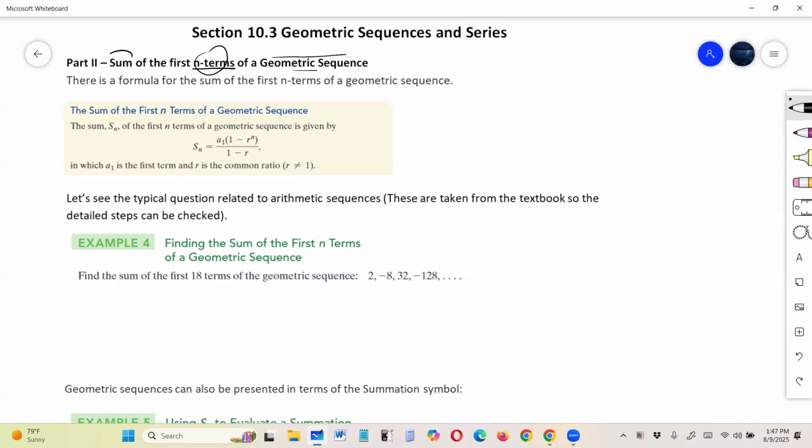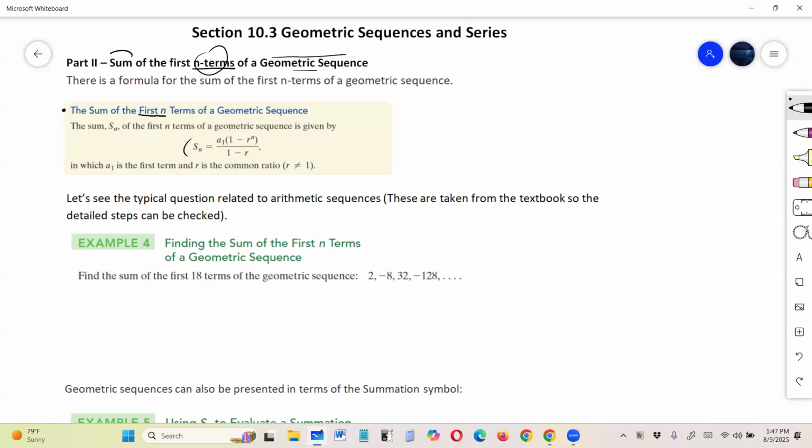All right. Now, normally when we find the sum of the terms of a sequence, we call it a series. So for example, if we are trying to stop the summation on the first n terms, let's find the sum for the first 10 terms, 20 terms, 30 terms, and so on and so forth.